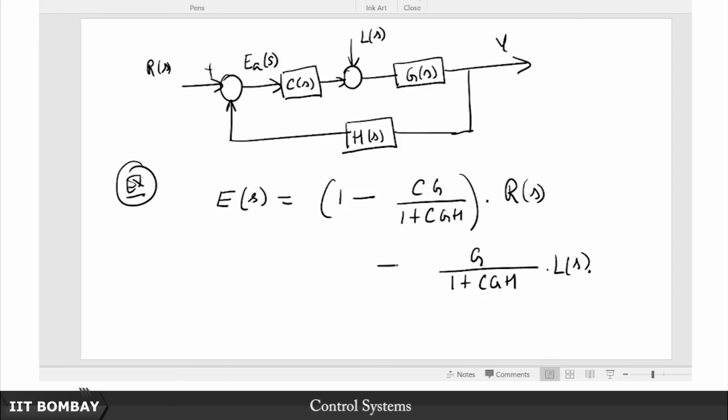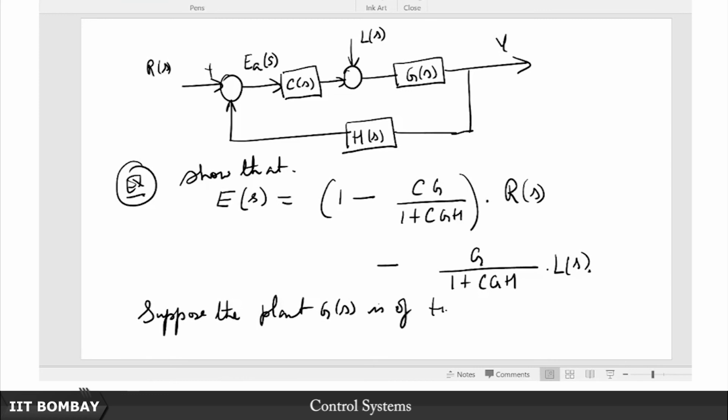Okay. So, you show first, so show that this is the case, and then further I tell you, suppose the plant G(s) is of type 0 and H(s), which is sitting in the measurement loop, okay.